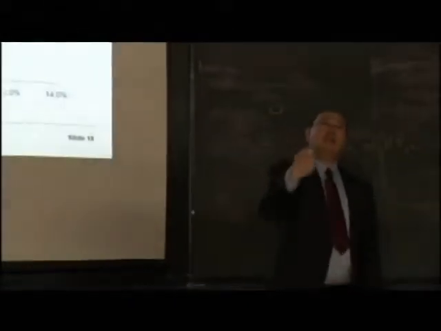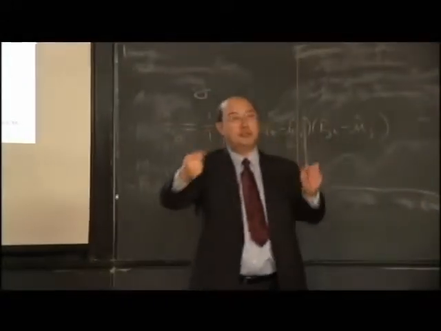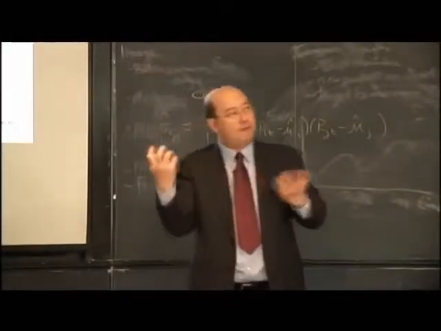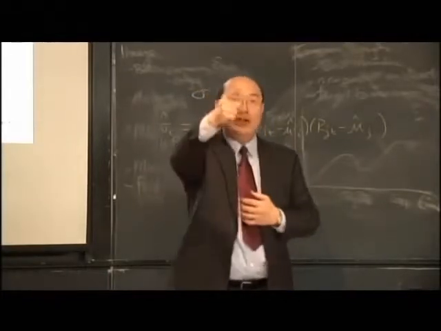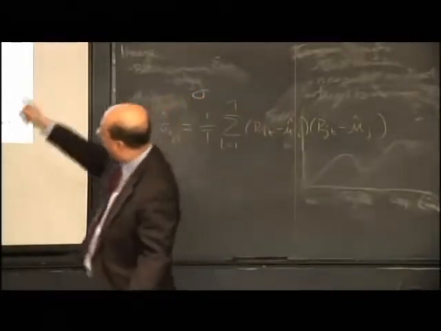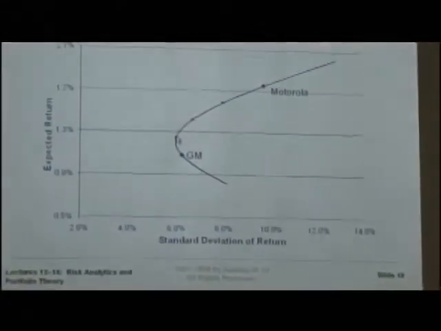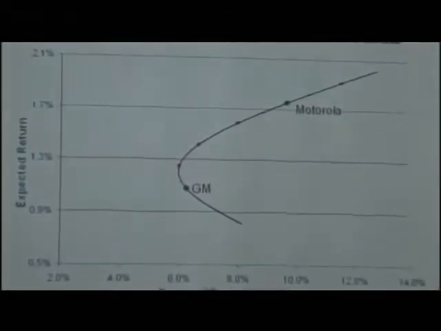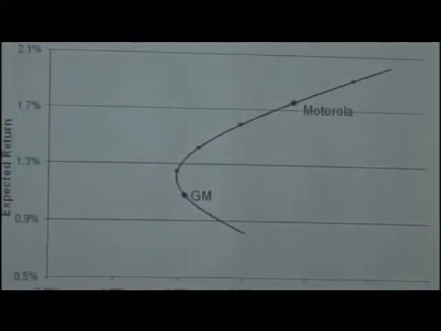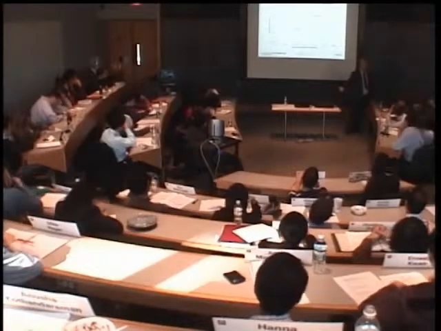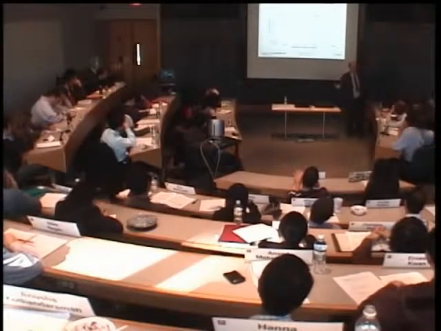If now I let you take weighted averages of the two, if I give you the right to form a portfolio, then you can get a dot, which is this dot right here. That dot, everybody in this room should prefer to General Motors. Why? Because it's less risk than General Motors, but it's also higher return.